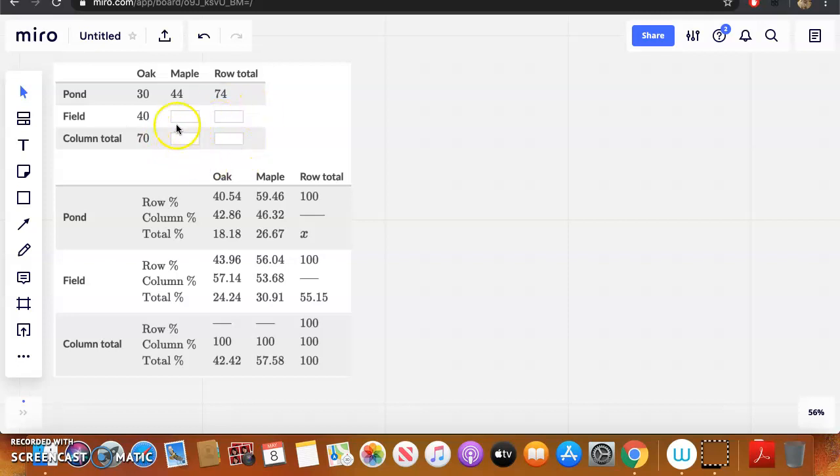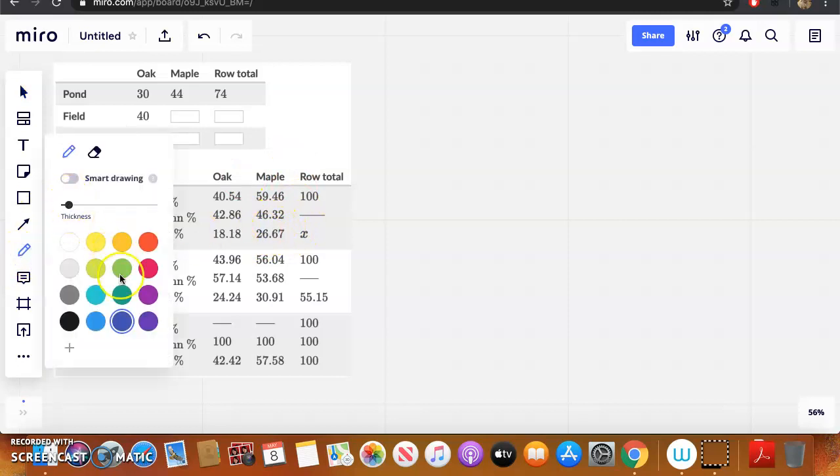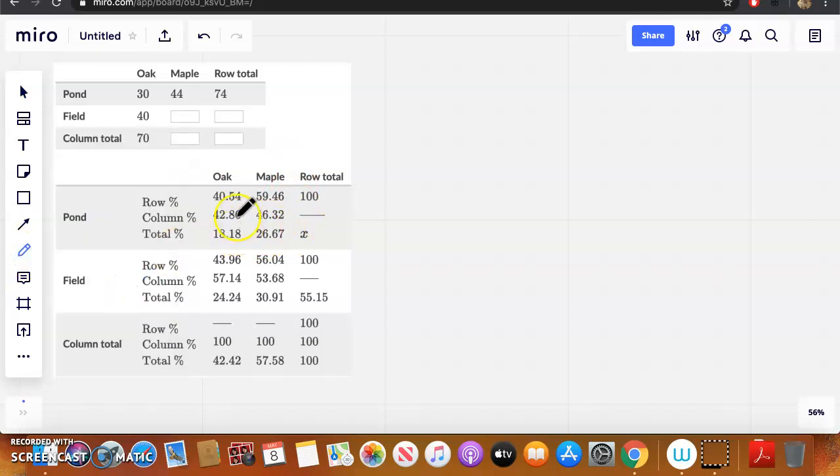All right, so let's begin. Let's go here. We can look down from maple. So if we're looking at the column totals for maple, use green. Okay, it says here there's 44 maple trees in the pond, which is represented by 46.32%.